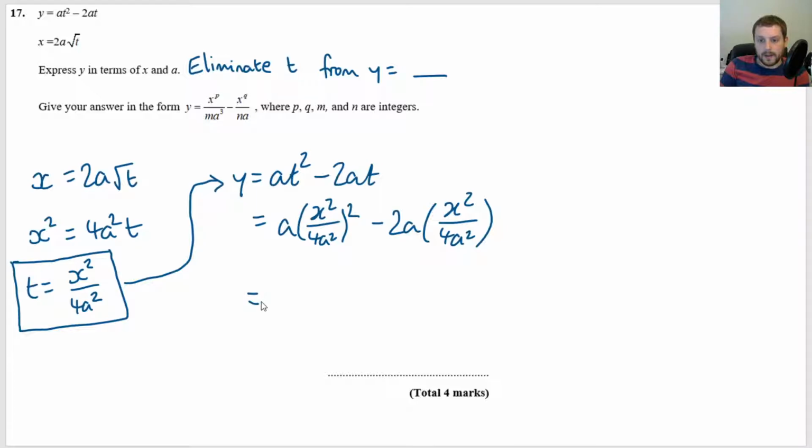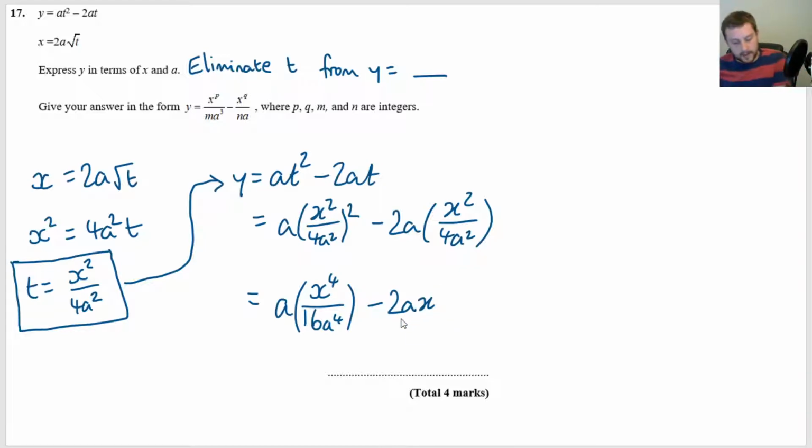Then we just have to figure this out. So this is A lots of X to the 4 over 16A to the 4 minus 2A. So in that situation, we can just write it straight away as 2AX squared over 4A squared.